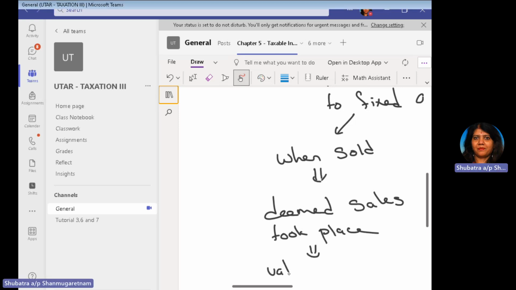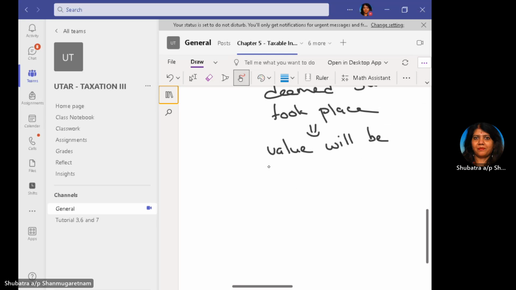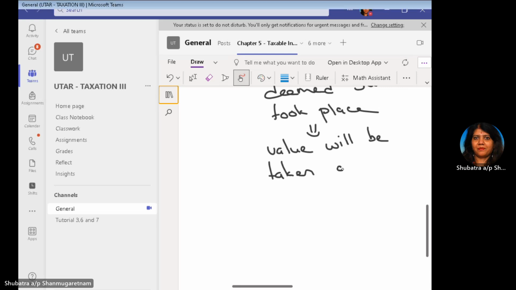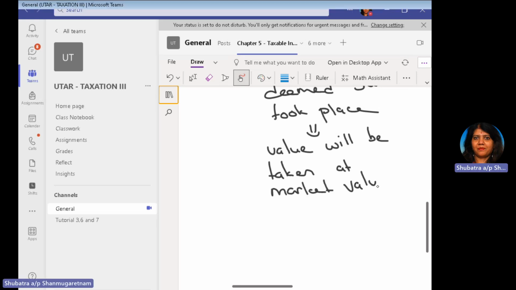The value will be taken at market value.